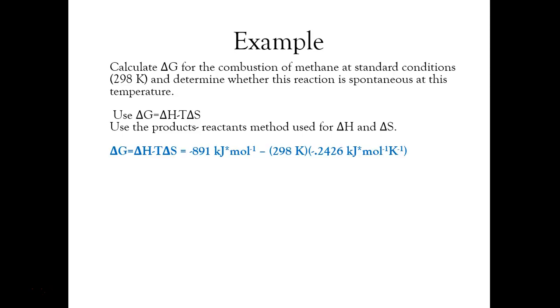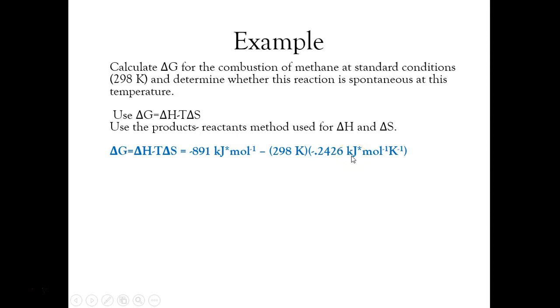So first, let's do delta G equals delta H minus T delta S. Now I want you to look really closely. We already found delta H earlier in this discussion. It's negative 891 kilojoules per mole. We also found delta S, and it was negative 242.6 joules per mole Kelvin. But we need this in kilojoules, so we're going to divide by 1,000.